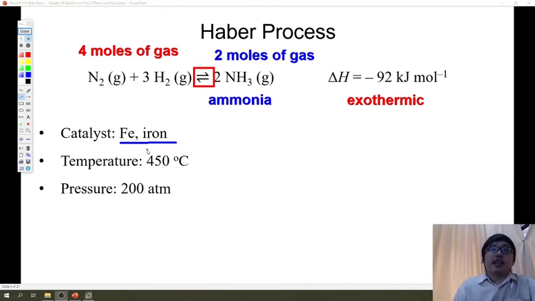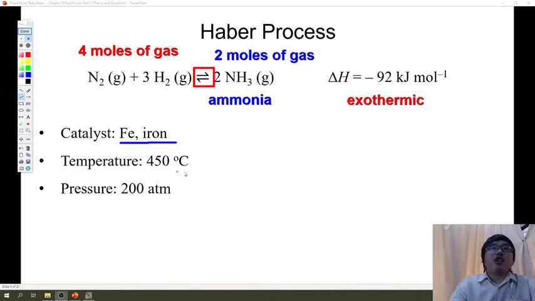This is a catalyst meant to increase the rate of the reaction forward and backward, but does not interfere with the yield of the ammonia, because it cannot affect the equilibrium. It is meant just to increase the rate of reaction.